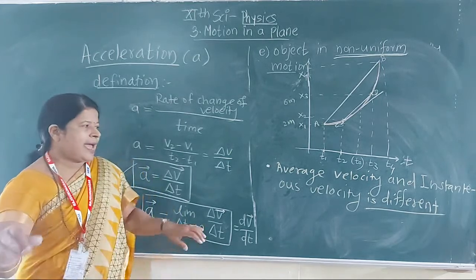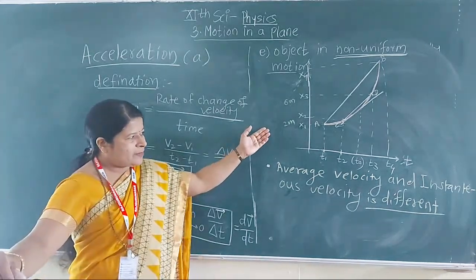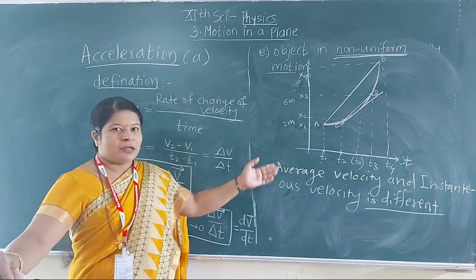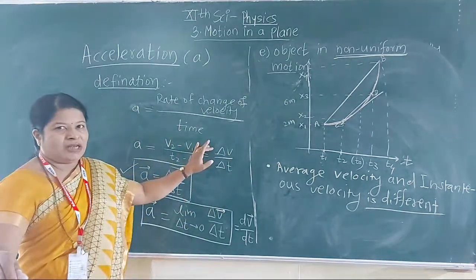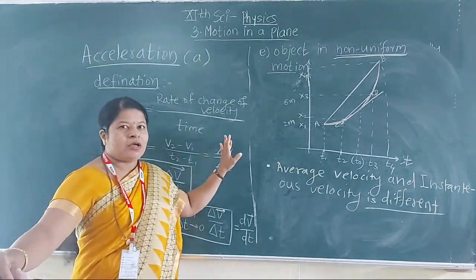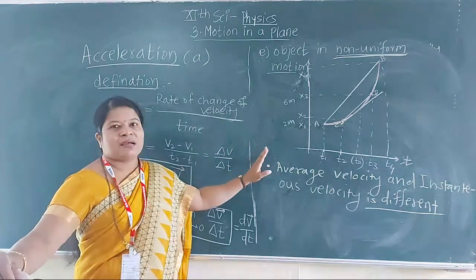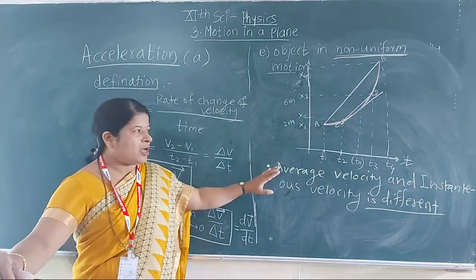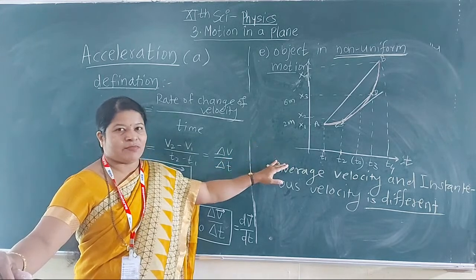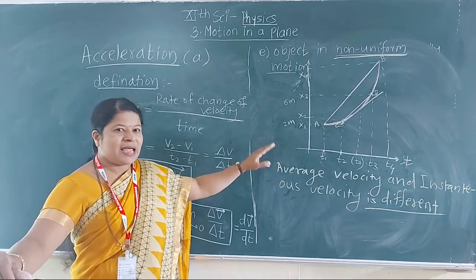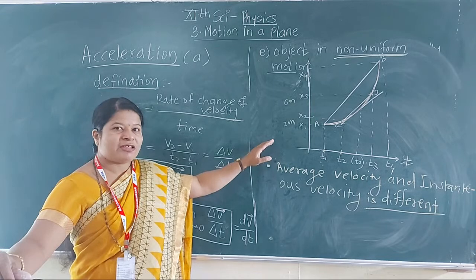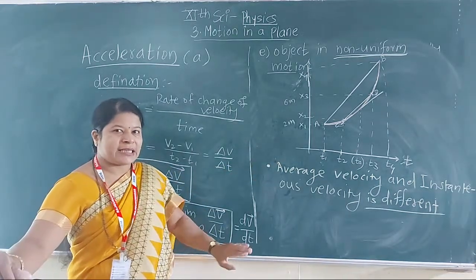Now, as with the displacement time graph, for acceleration we are going to study the graphical method using velocity and time. We know that velocity and time give us acceleration.